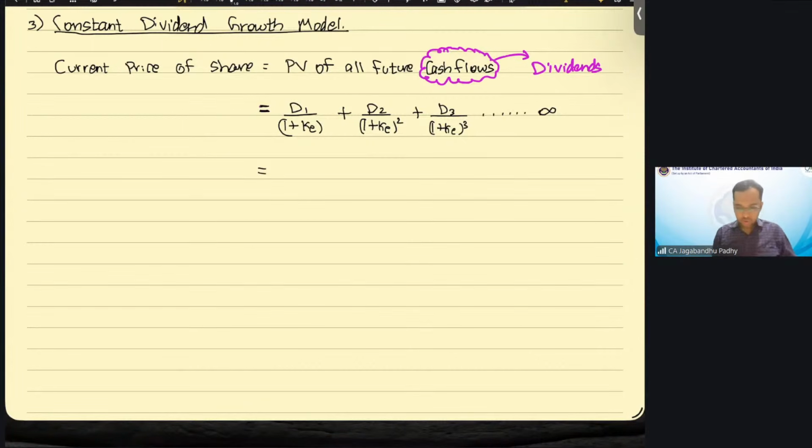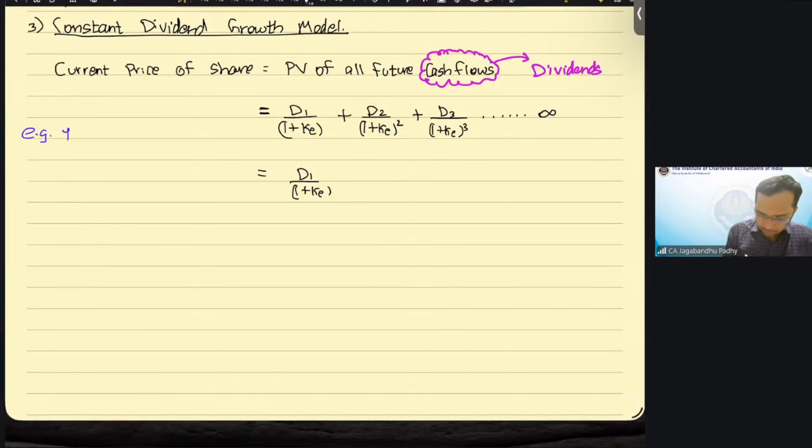Okay. So if I say that the first dividend is, let's say, D1 upon 1 plus K, or suppose for example, in year 1, dividend was 10 rupees.